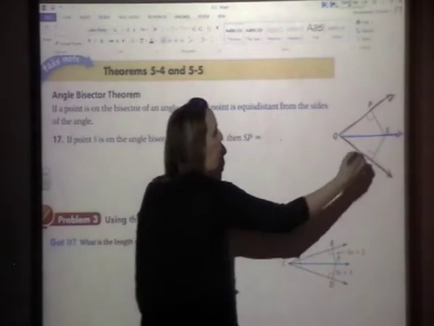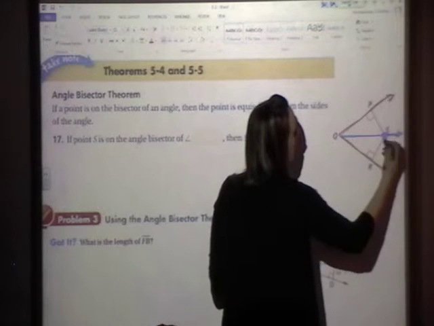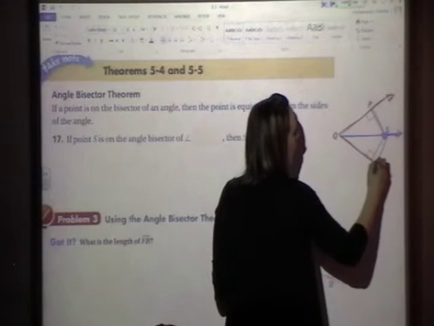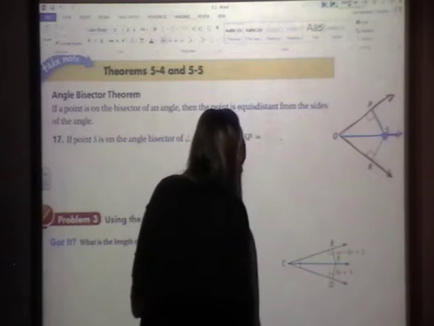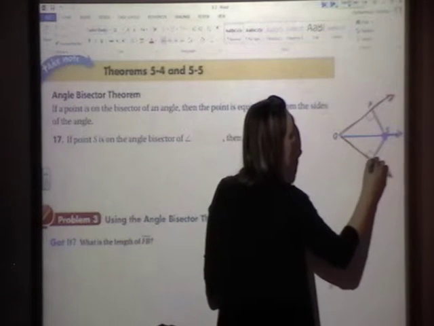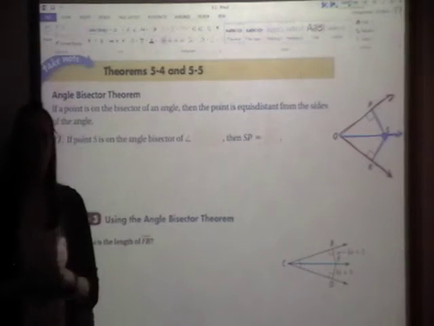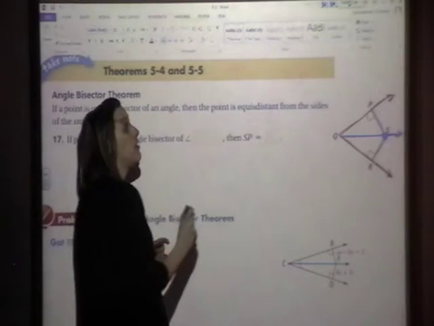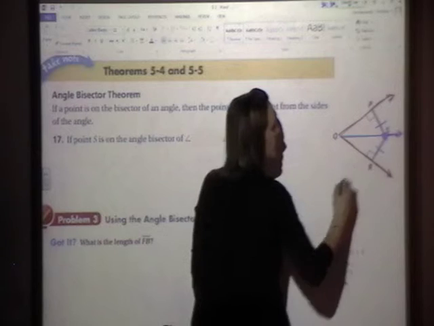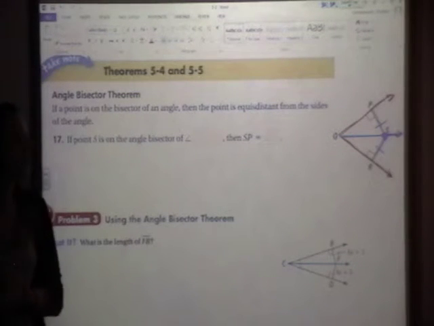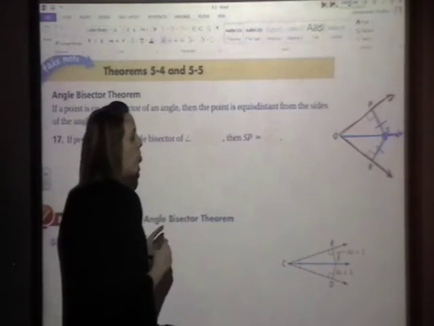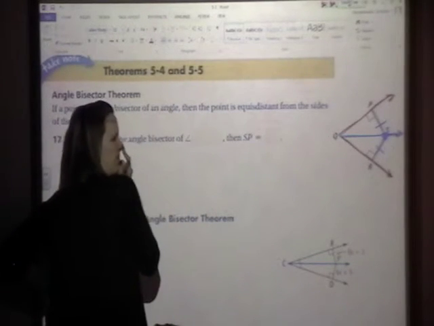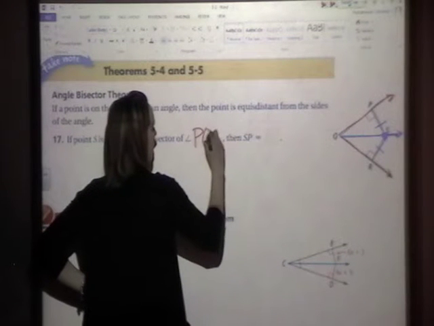If we have a point on the angle bisector and we draw segments to the sides of our angle, we're saying the distances from the point to the sides of the angle are equidistant. If point S is on the angle bisector of our original angle, what is our original angle called? PQR.